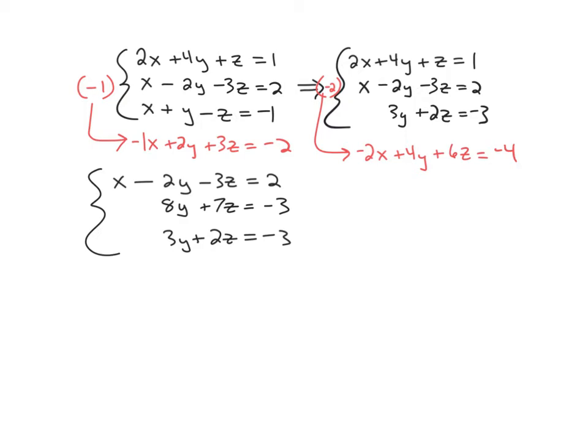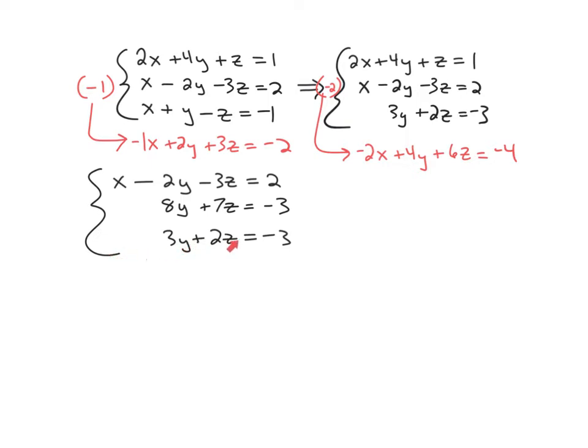So what I've done is I've added the -2x to the 2x, that's 0, the 4y and the 4y, that's my 8y, the 6z and the 1z, that's my 7z, and the -4 and the 1, which is my -3 right here. Okay, so now I've got a blank space here and here.